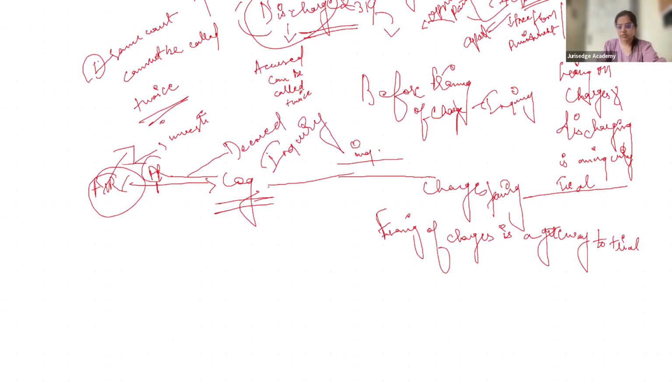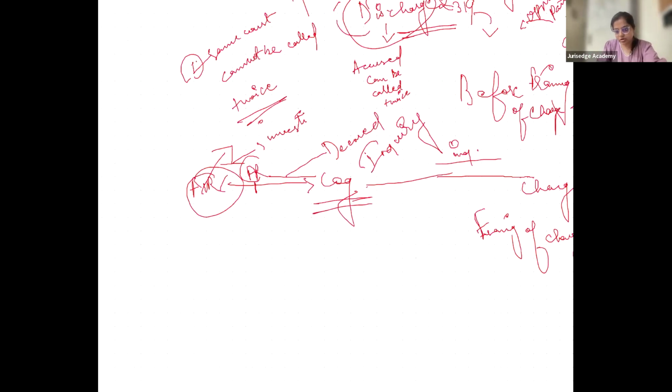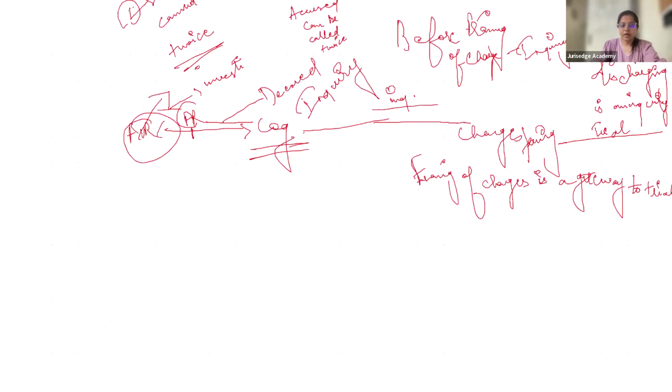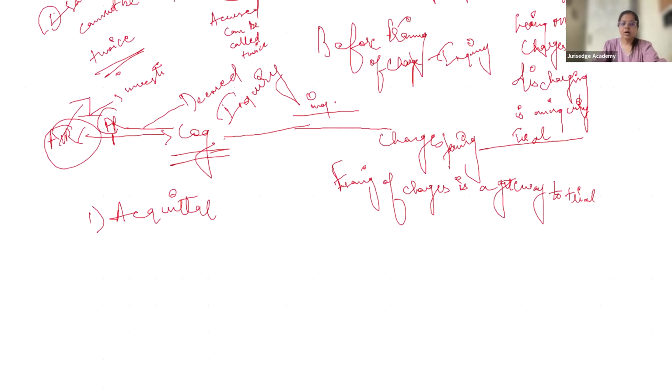Okay, so I'm repeating the concept of discharge again. If the trial goes on successfully, for example, the FIR is filed, the police report is submitted to the magistrate, the cognizance is taken, then the inquiry happens, the charges are framed, the whole trial goes on, the judgment is pronounced, and then the court finds the person acquitted.